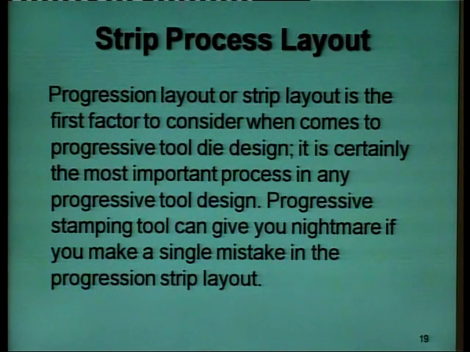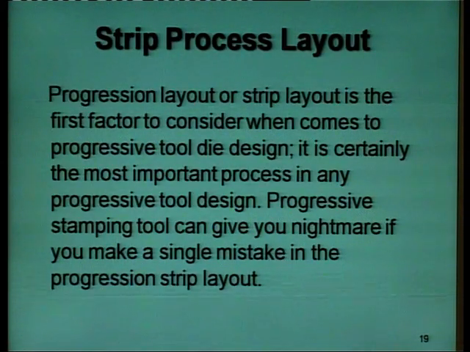Next is the strip or process layout. Now, progression layout or strip layout is the first factor to be considered when it comes to progressive tool die design. When we are designing the tool, the first factor which should be considered is the strip layout. So, it is the most important process in any tool design.